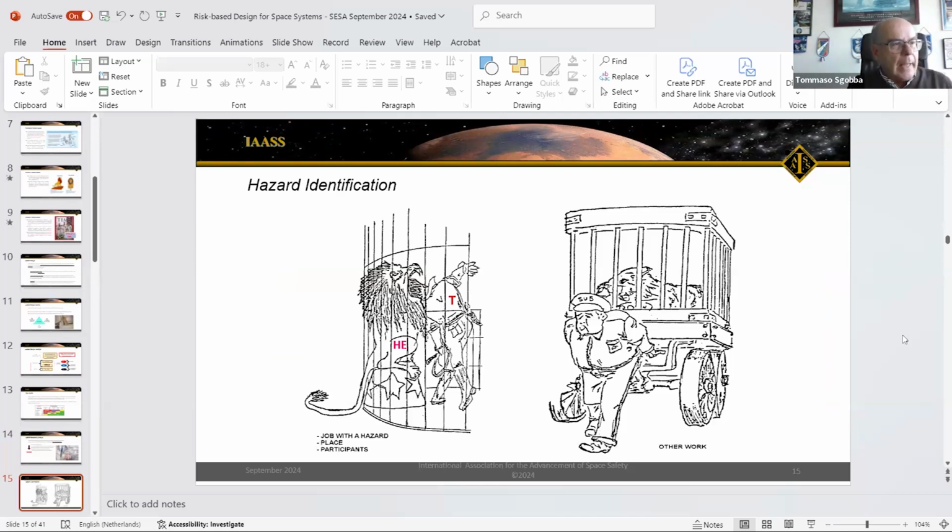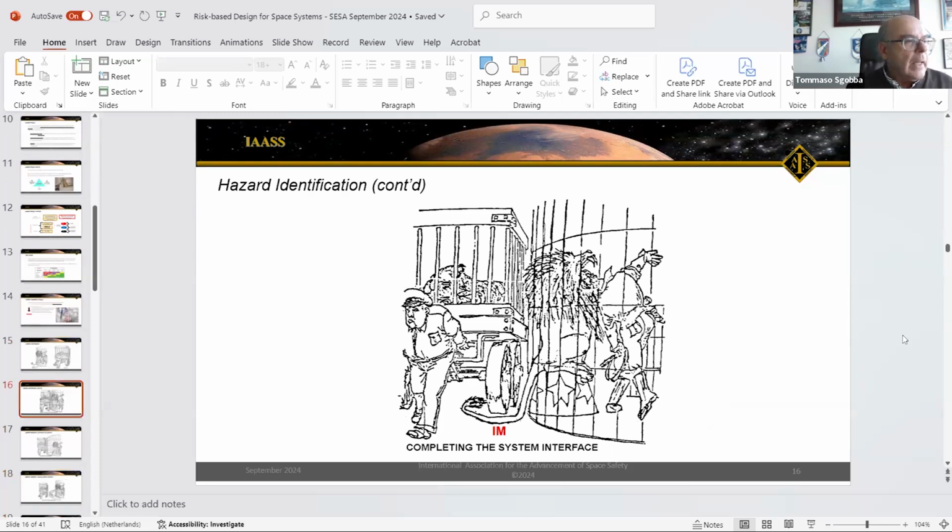You see the lion, which is the hazardous element, the target, and then we see another guy separated who is transporting stuff around in the circus. And that is the triggering mechanism, the initiating mechanism.